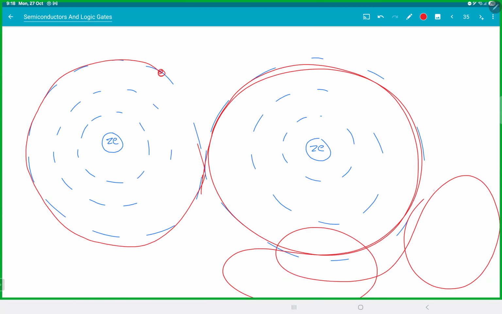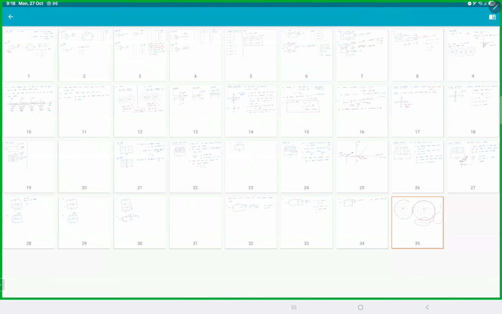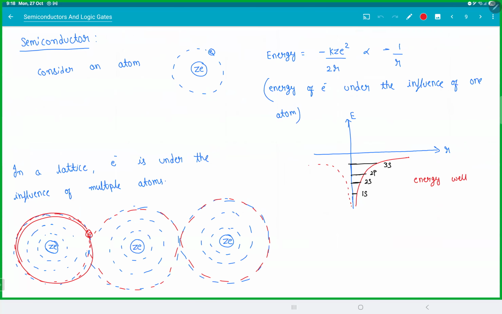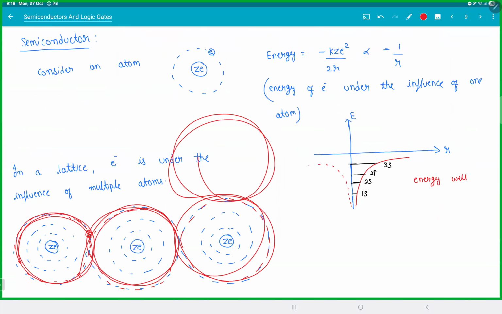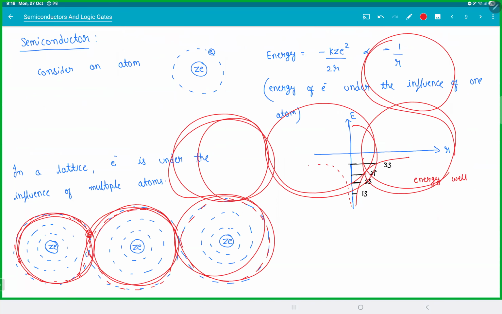It can jump here. It can jump here. You can see what is happening. Because the atoms are overlapping here, this electron which is going here will be under the influence of the other nucleus also. Sometimes they'll jump like this. It'll jump here. Then it'll go here. Then it'll jump here. This electron can just move around anywhere it wants.